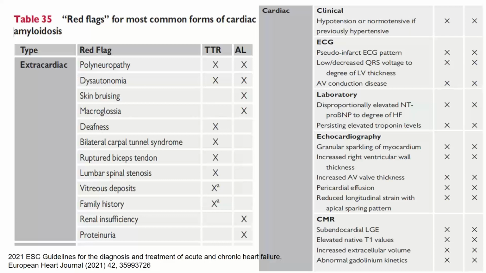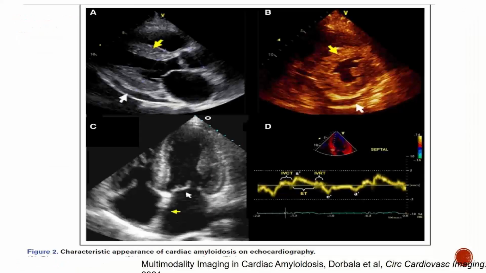Clinically, from the cardiac standpoint, there is really no difference; they present with the same features, with the ECG features of pseudo-infarct pattern and low voltage, a degree of LV thickening, and AV conduction disease seen in both diseases.